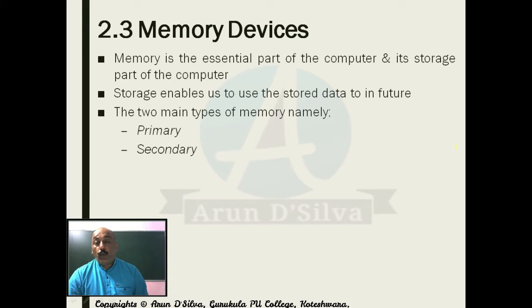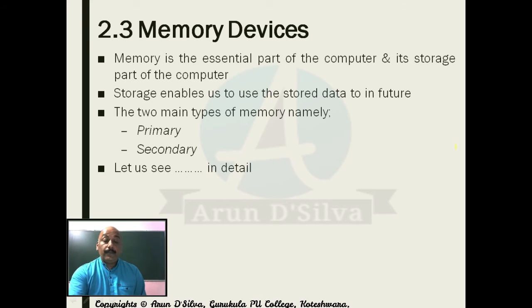Primary memory is very quickly accessed by the processor, and another name for primary memory is volatile memory. Whereas for the long term, what you are going to store for future purposes is called secondary memory, which is a non-volatile memory. Anyway, I'll discuss it with you in detail, so that it makes things more clear.